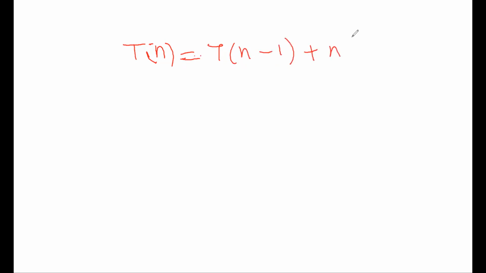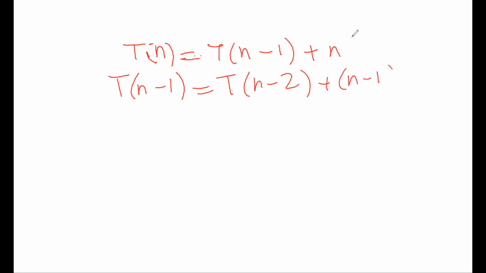So again, if I do it the same way, tn minus 1 is t of n minus 2, but this will be n minus 1.